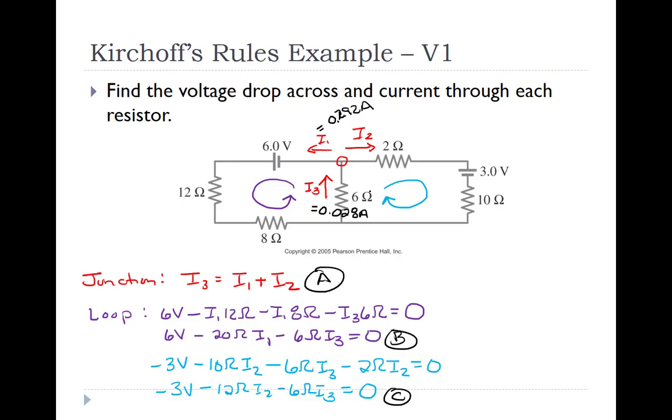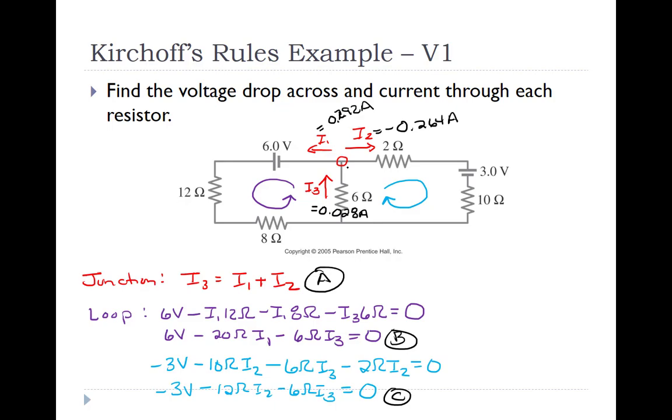It's positive. The direction for I3 that we chose is correct. I2 we found equal to negative 0.264 amps. And we see that this number is negative, which means I2 doesn't go the way that we chose. It actually goes the opposite direction.